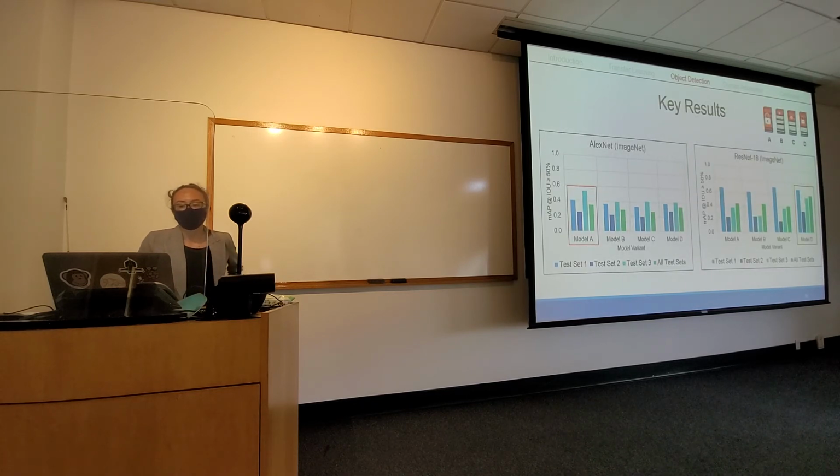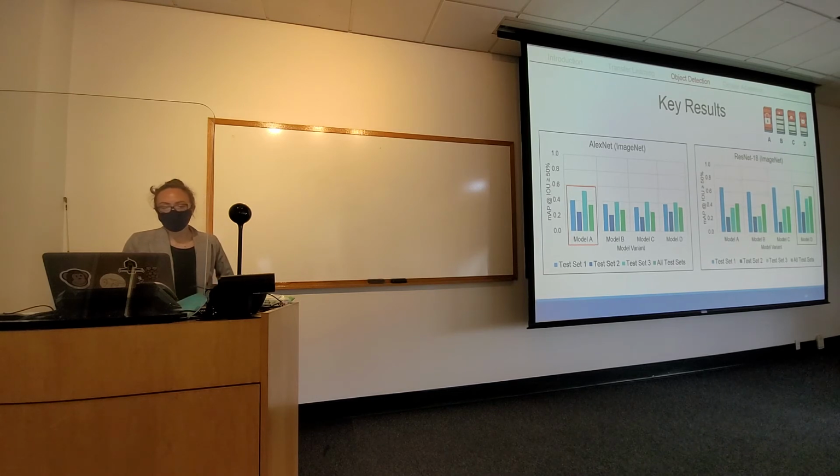So some of the key results from these experiments: for ImageNet, performance is fairly good for both AlexNet and ResNet, with a significant improvement with ResNet, as I expected from previous experiments.